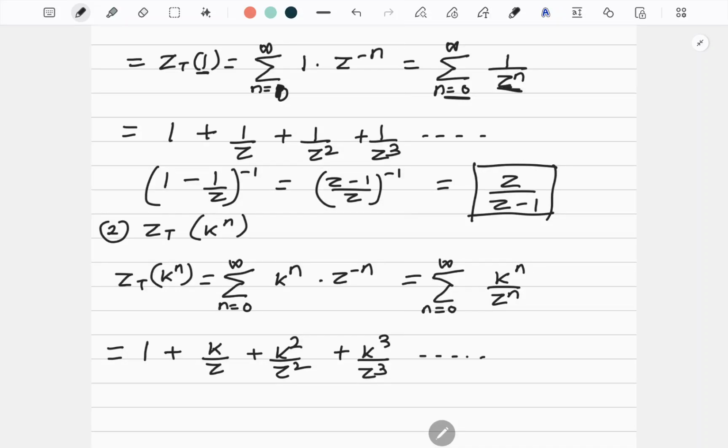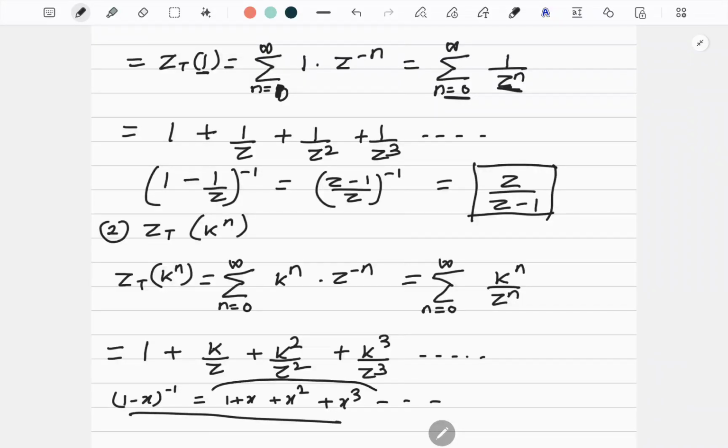Correct? Now again, if you observe, this is the same series I am getting. The only difference is the value of x here is k by z. What is the series? (1 minus x) to the power minus 1 is equal to 1 plus x plus x square plus x cube and so on. So I am getting this series here.